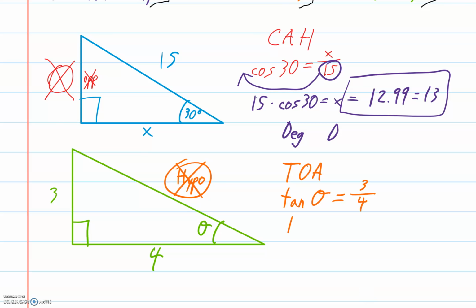And now I have to use the tan -1 function. So to move the tan over, and now I just plug it in my calculator, which gives me 36.87. So that is the angle.